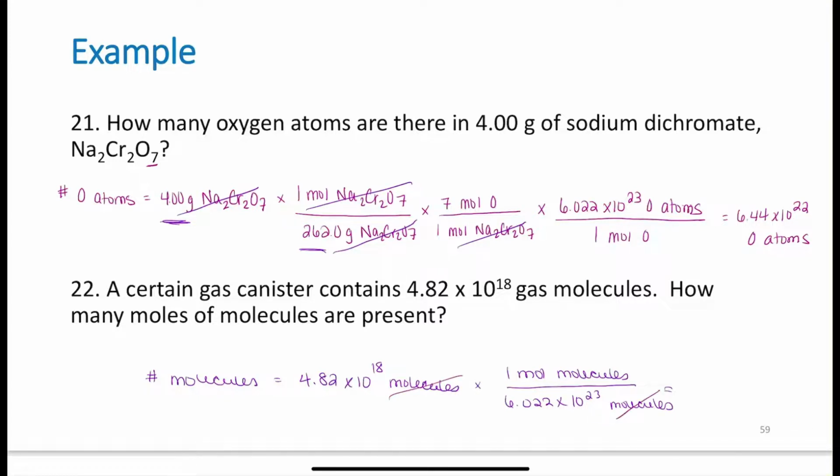That cancels those out, and I'm given moles of molecules here. And when I calculate this out, I get an answer of 8.00 times 10 to the minus 6th moles of molecules. Does that answer make sense? It's pretty small. This is a lot smaller than Avogadro's number, so yeah, the answer does make sense.